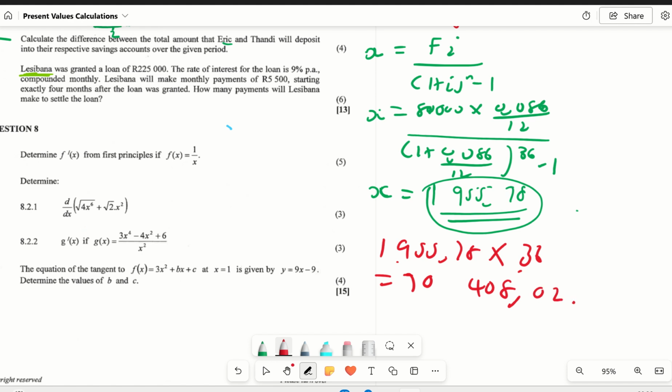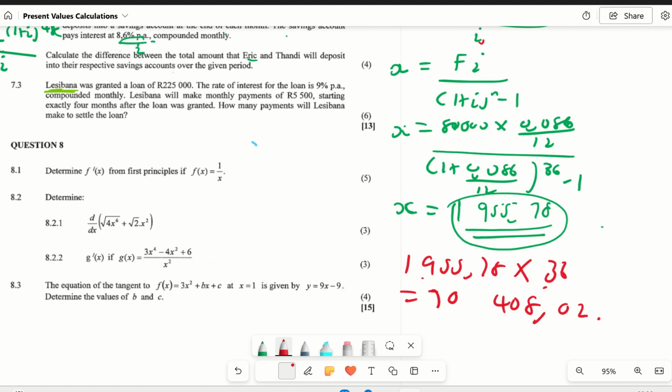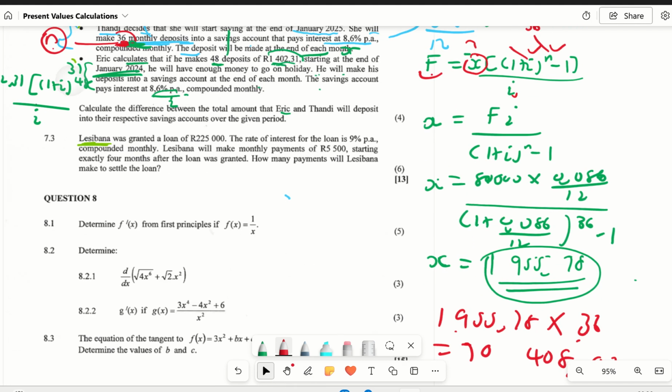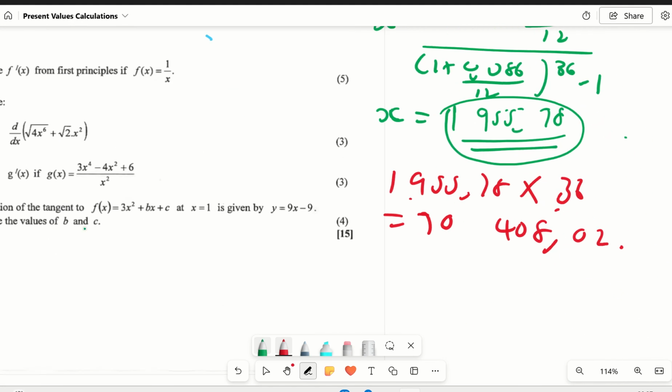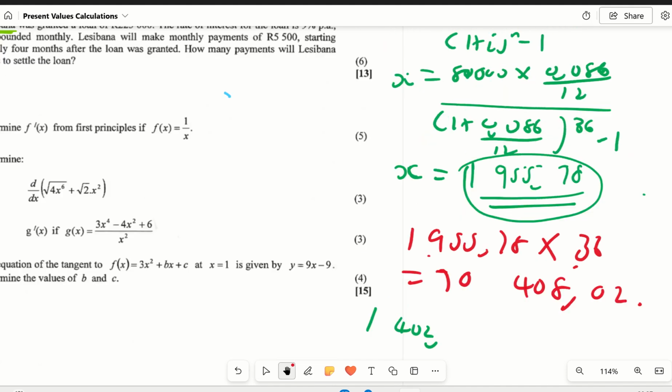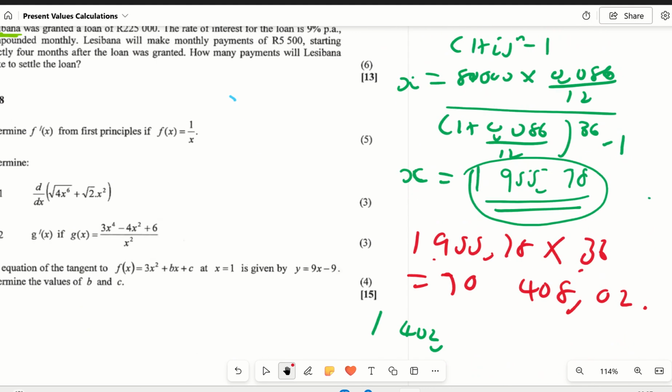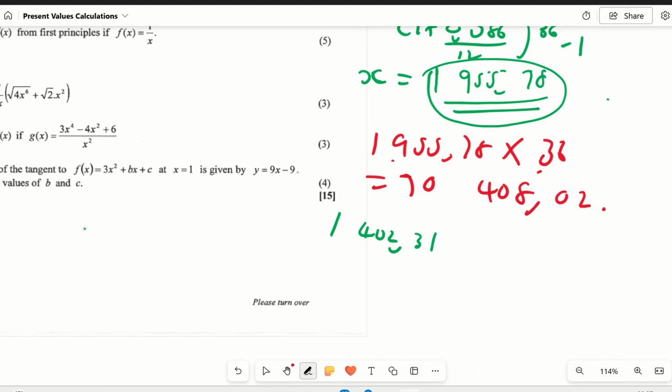Are we happy? Fairly. Now let's calculate the total Eric paid. So he made payments of 1,402.31, 48 times. Is it 1,3 or 3,1? 3,1 times 36, 48, sorry.